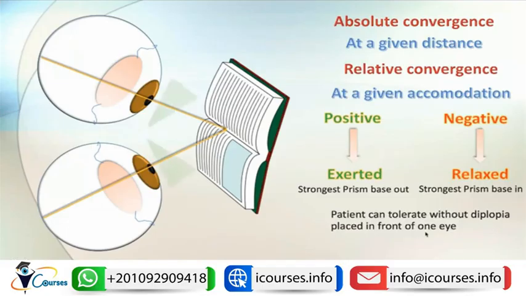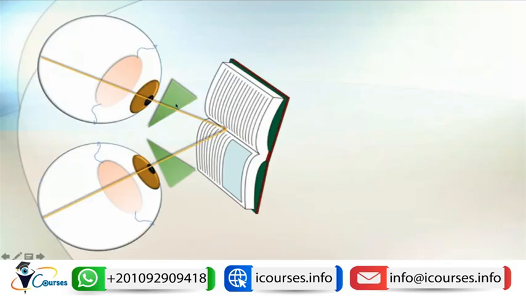To explain this, imagine that this patient now has a base out prism. What will happen if the patient has a base out prism? This will result in exerting more convergence, because the light rays will deviate toward the base while the image and the eye will deviate toward the apex. So the eyes will turn inward more.